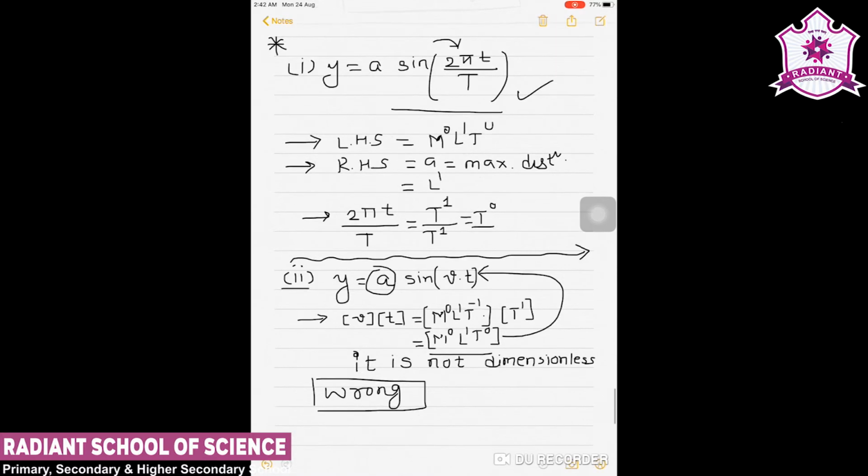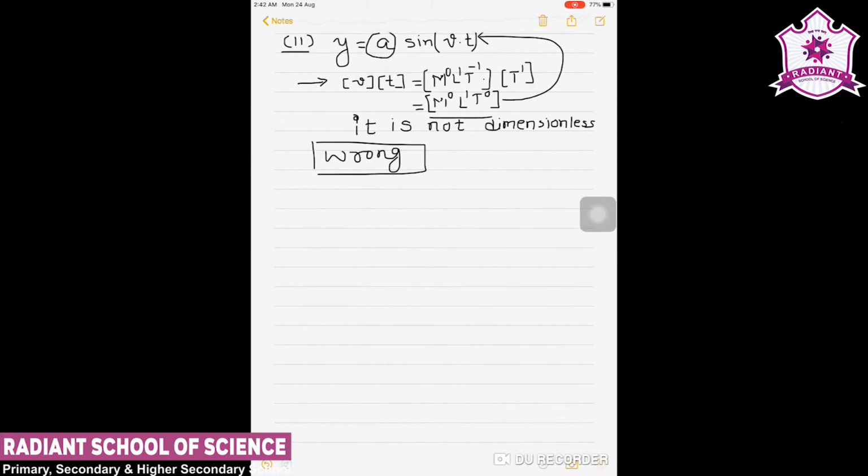Now we will check the third equation. Now this seems to be an easy question for all of you. In the third equation we have to find out again in the same manner. We are given y = (a over t) sin(t over a). Again the argument of sine must be dimensionless.